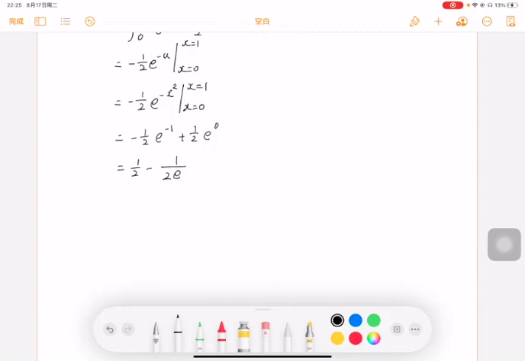Let's look at another example where the order of integration makes a difference. Example 3.